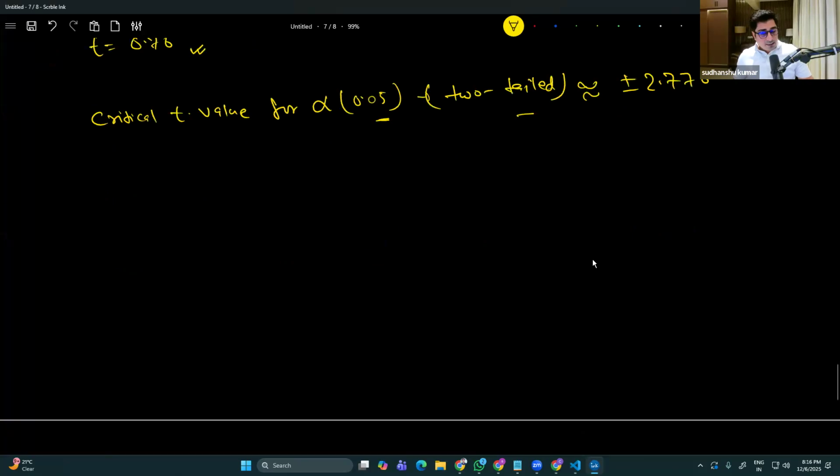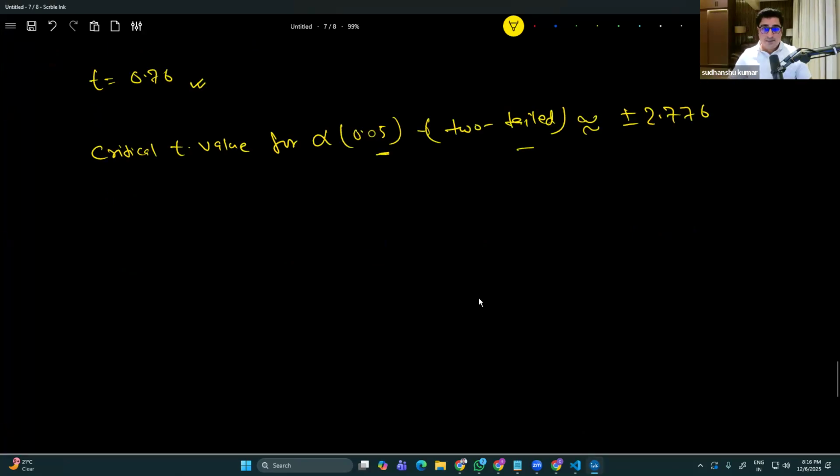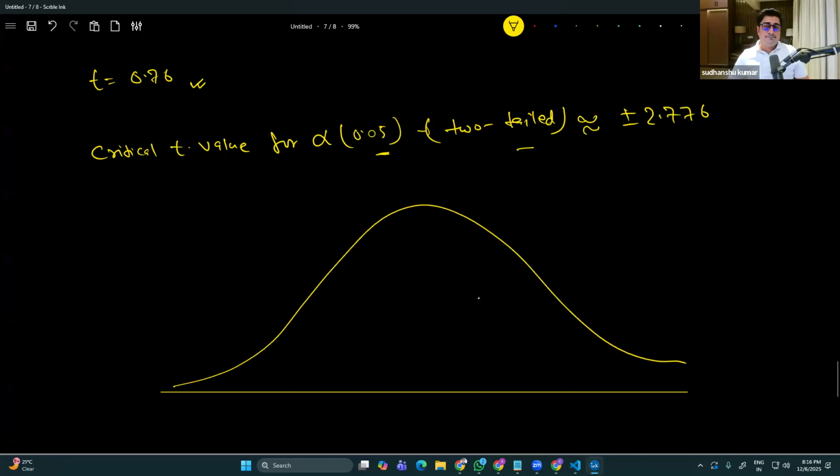What is the meaning of a critical value, and what does it actually mean with respect to the bell curve? Let's suppose I'm going to draw a bell curve over here. We all know that for a standard normal distribution, every table has been created based on a standard normal distribution, the average is equal to 0 and the standard deviation is 1.